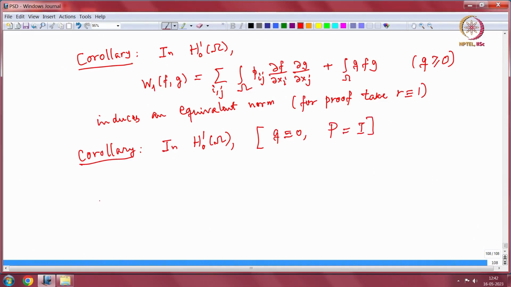Then the Dirichlet norm, let me just define that, maybe I will put D here. This is not a standard notation, but I will just put it: the integral over omega of grad f square is an equivalent norm.